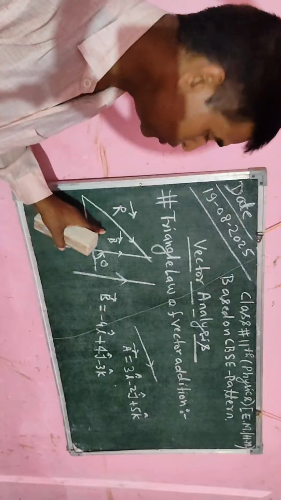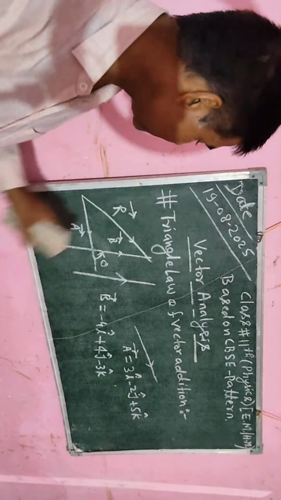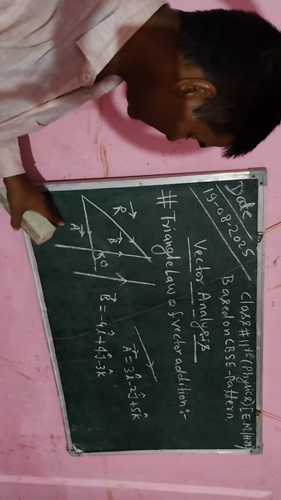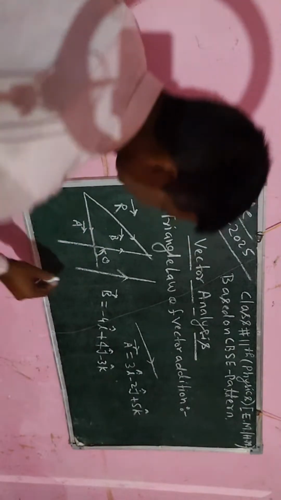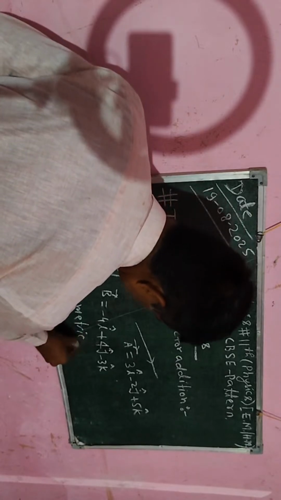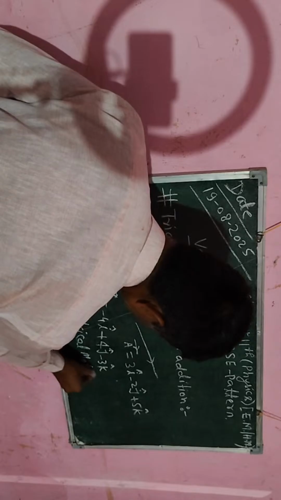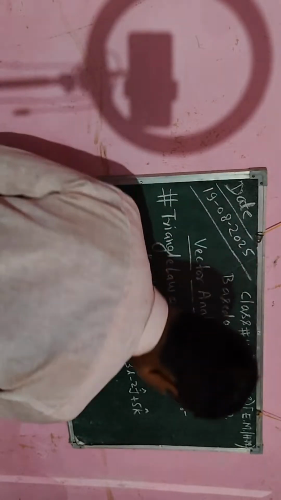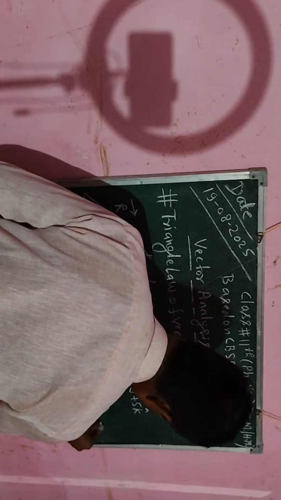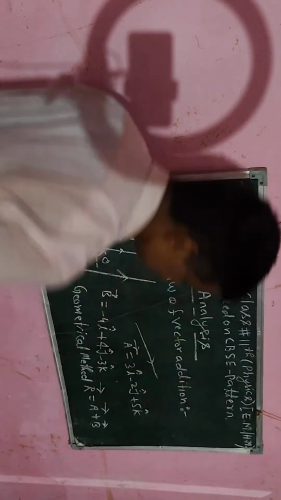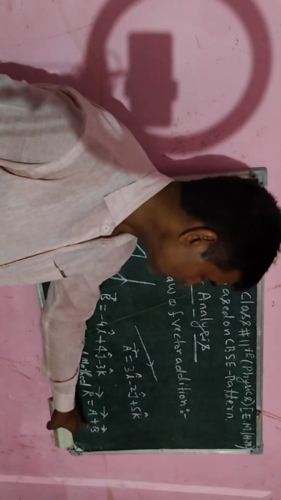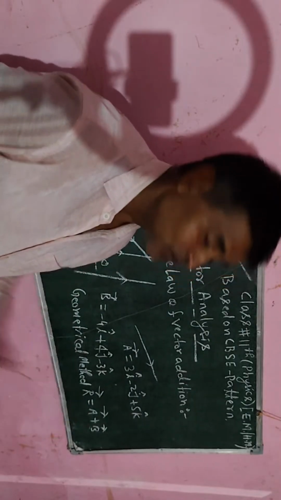But here we use the first method, the geometrical method, and with its help I get the value of vector A plus vector B, which is vector R. So vector R equals vector A plus vector B. This is the resultant vector, obtained from the sum of vector A and vector B.